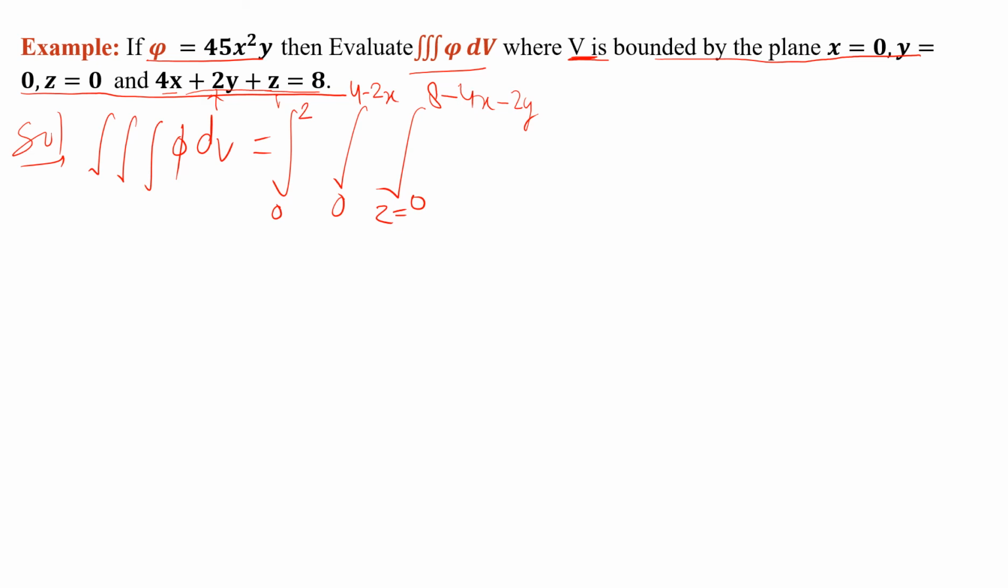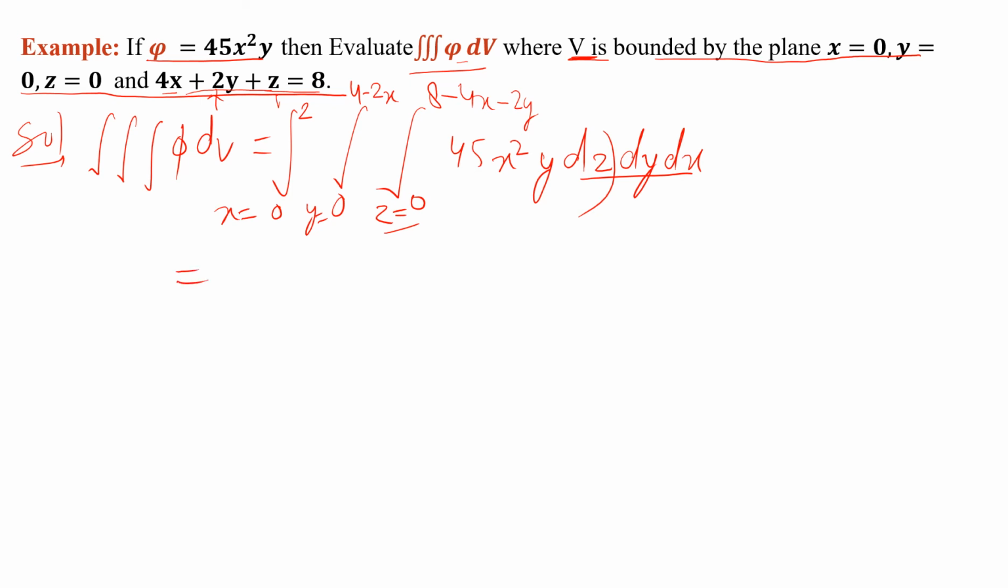So these are the limits, that's the limit of x, that's the limit of y, and this is the limit of z. And the function phi is 45x²y dz dy dx. That's the order of integration. First we take the integration with respect to z, then y, and then x.